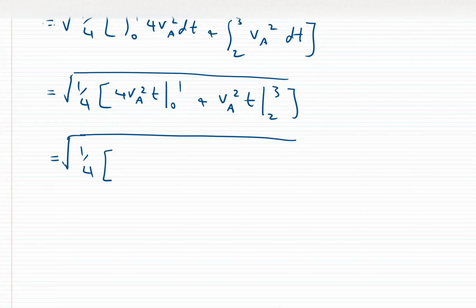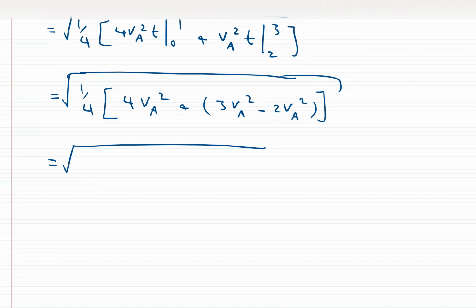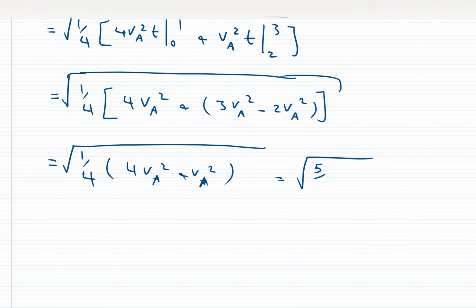Which is equal to 1/4 of 4VA squared plus 3VA squared minus 2VA squared, which is equal to 1/4 of 4VA squared plus VA squared, equal to the square root of 5/4 of VA squared, which is equal to the square root of 5 over 2 VA.